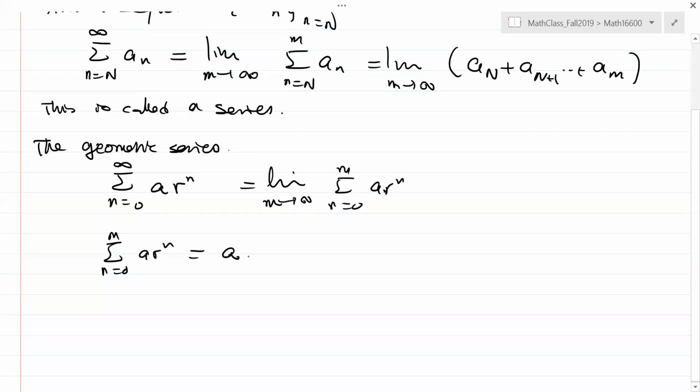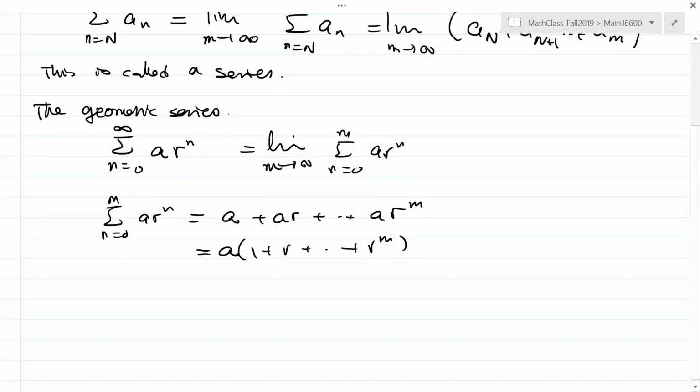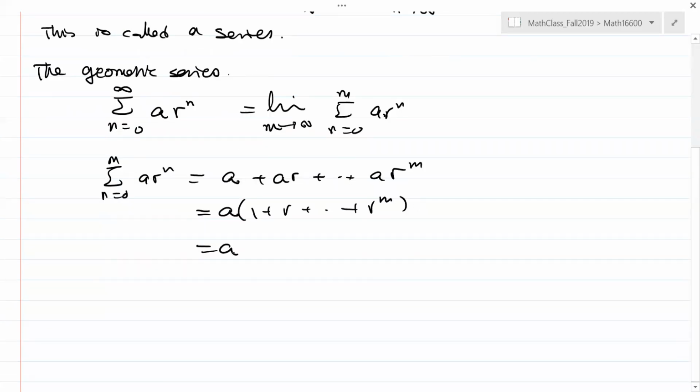The first term is a times r, and then a times r to the n. So you have n plus 1 terms, and there's a formula to add them together. The geometric series is very special. It's going to be a(1 minus r^(n+1)) over 1 minus r.